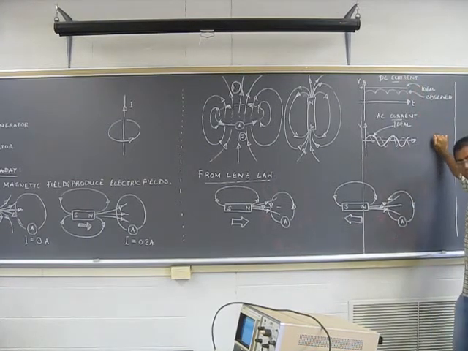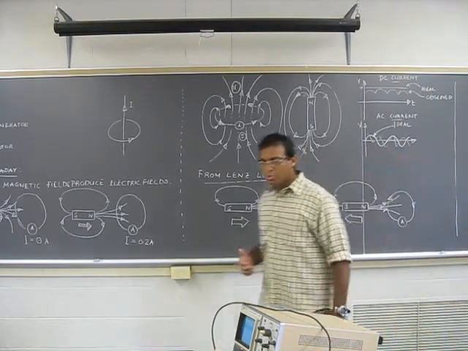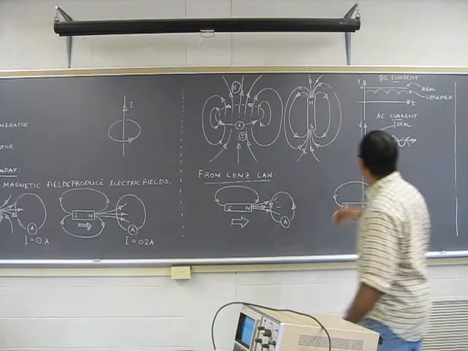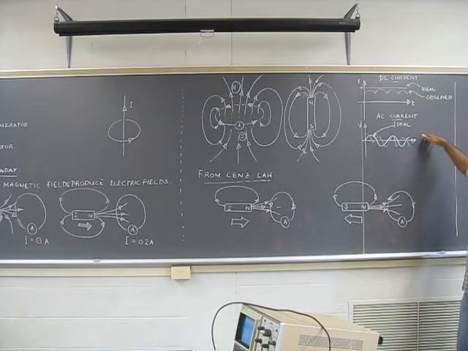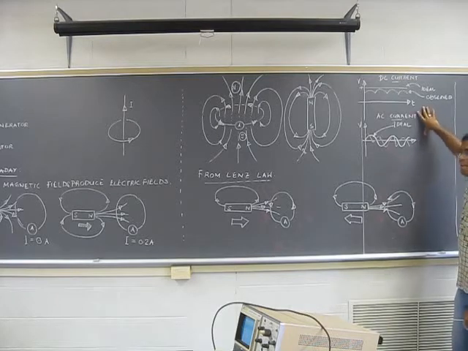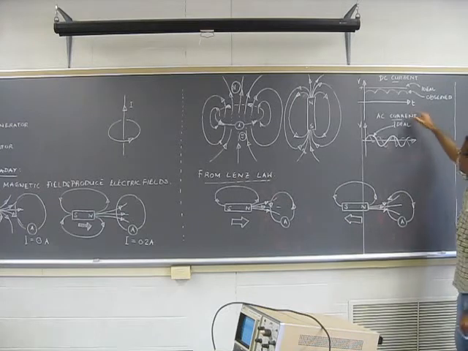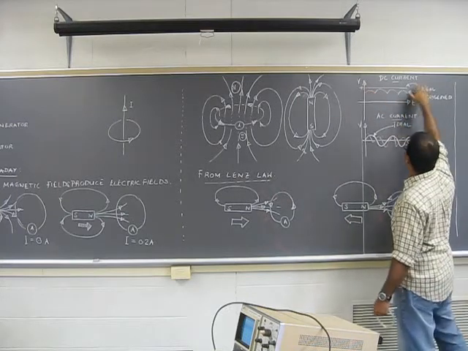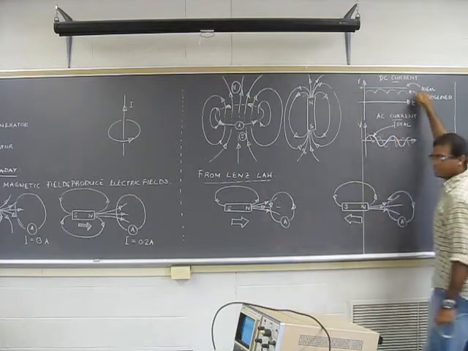Now, for today's lab, you're going to see DC currents and AC currents. We have three types of generators. We have a generator that we will use to generate a DC current, and a generator that will generate AC current. And then we will have a generator that generates both DC and AC. Now, in an ideal case, your DC current would look like a flat line like this.